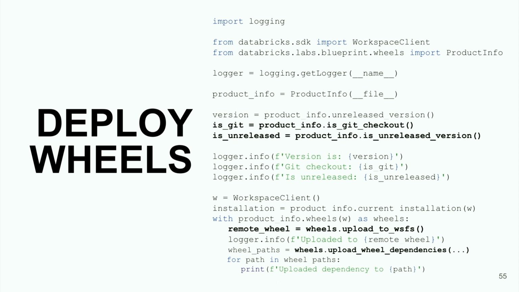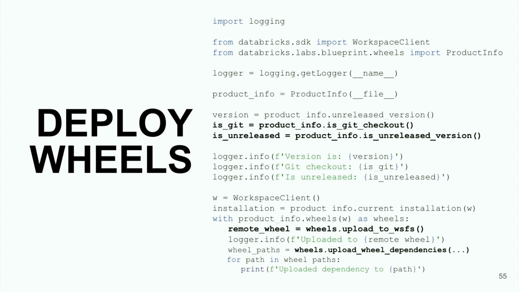And with these utilities, you can actually upload the unreleased version of a wheel to Databricks Workspace FS and use it within your job to verify, oh yeah, okay, is my Databricks job working fine? And it handles all of the wheel building, it handles all of the version bumping, because you have to actually configure the version file inside. So there will be a QR code about Blueprint.